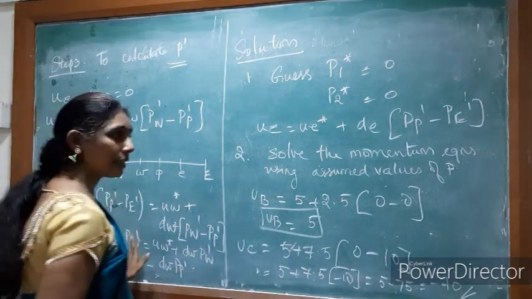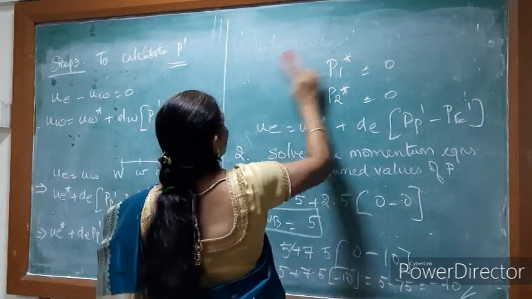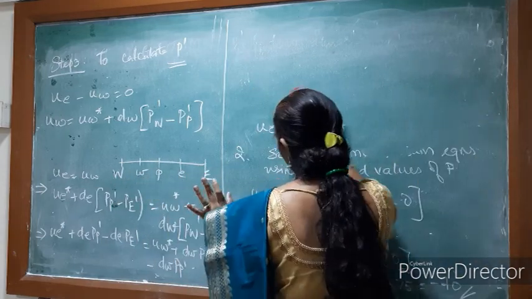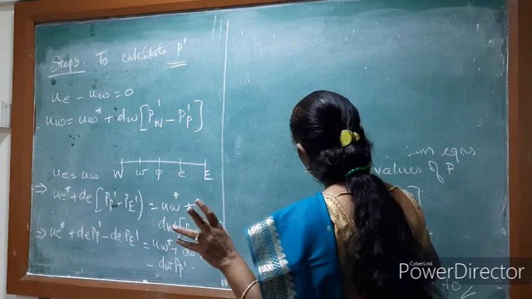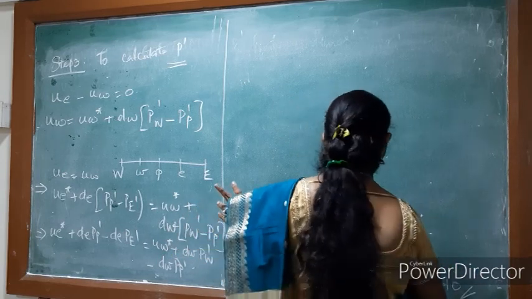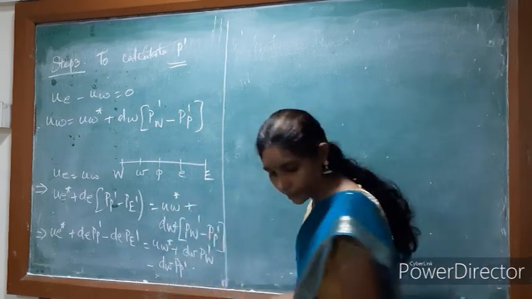I have only rearranged the equation. We are still in step 3. We have not yet reached the P dash value or the P dash expression.